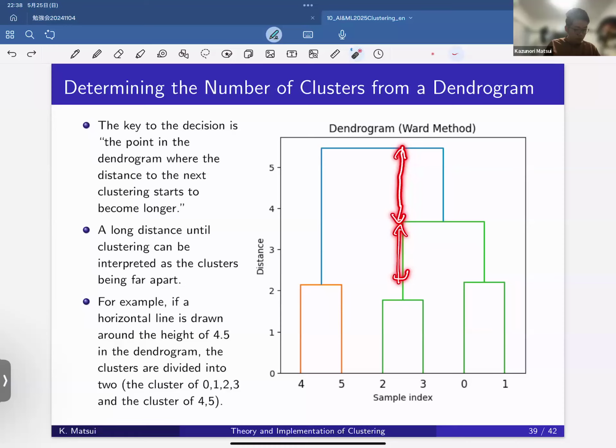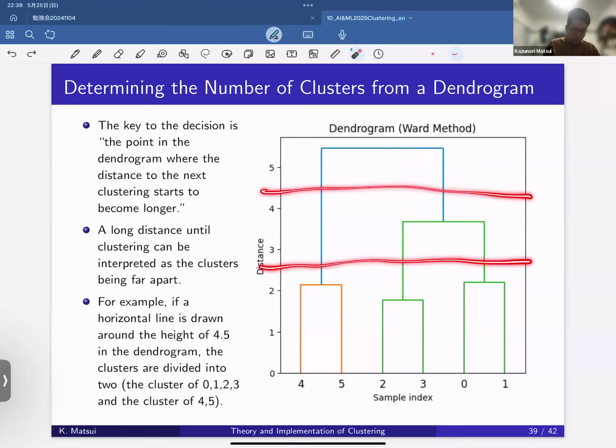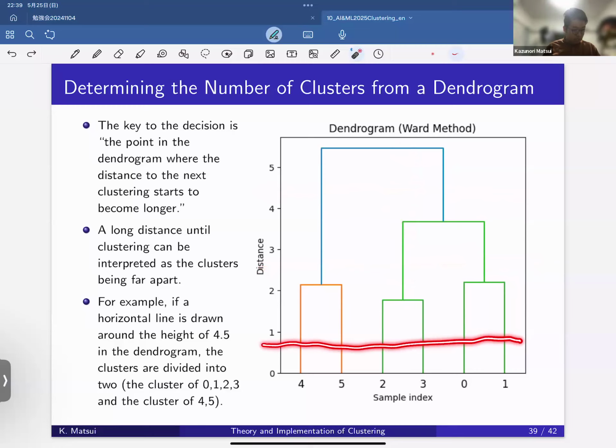So we can estimate that it would be good to divide into 2 or 3 clusters. Of course, looking at the timing of merging, there could be 6 clusters, but that wouldn't form clusters in the first place, so it would be meaningless.